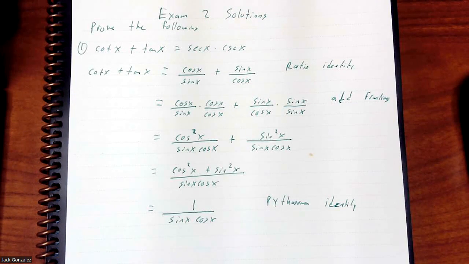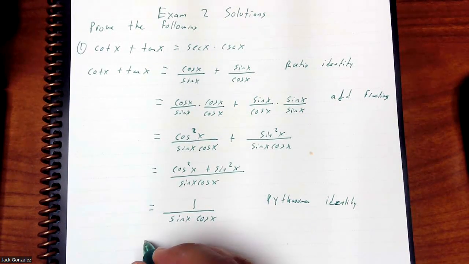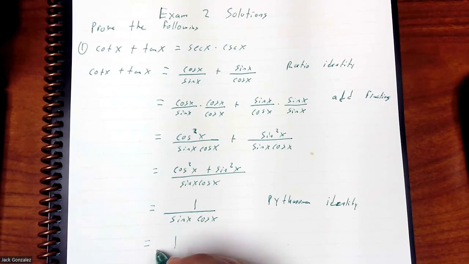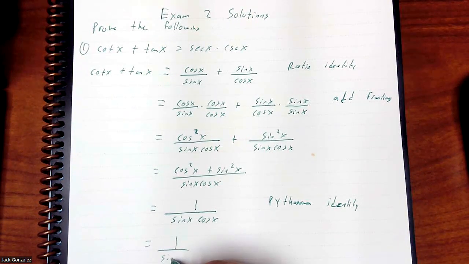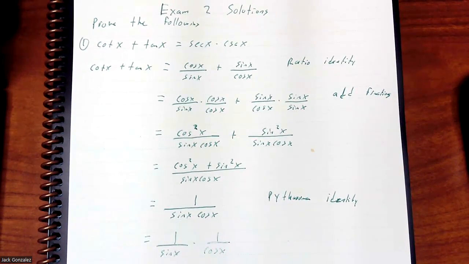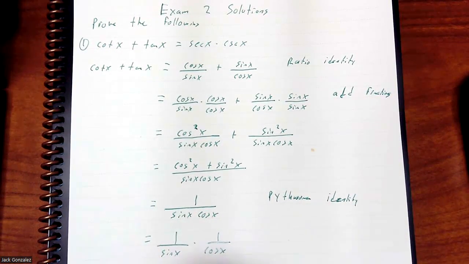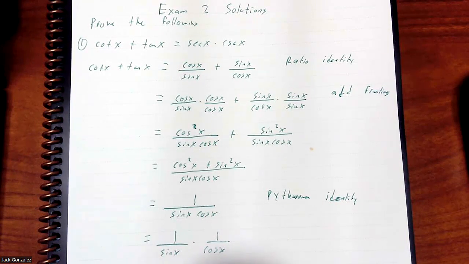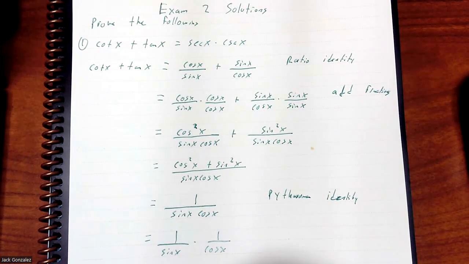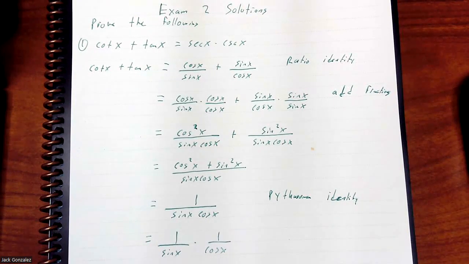At this point, we're pretty much done. I don't know if you see it. Maybe it'll be more obvious if I change it into this. You agree this is the same thing, right? This is going to be my cosecant times secant, which is the same as secant cosecant.